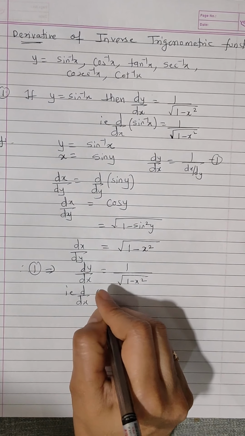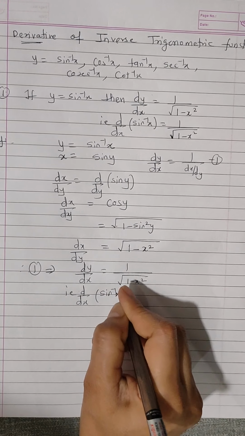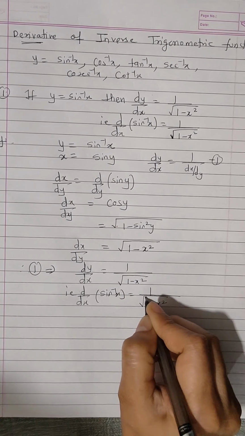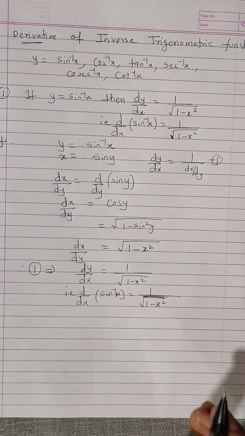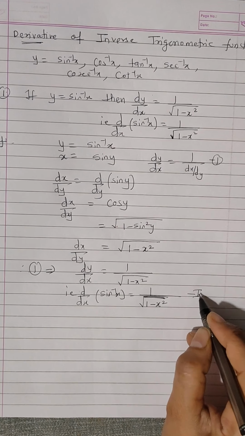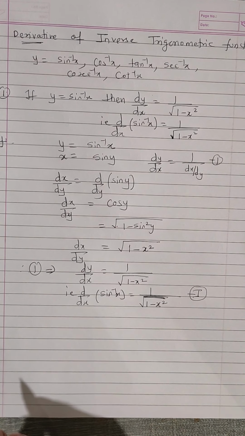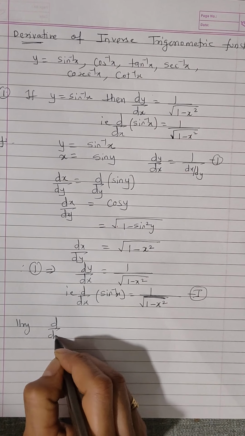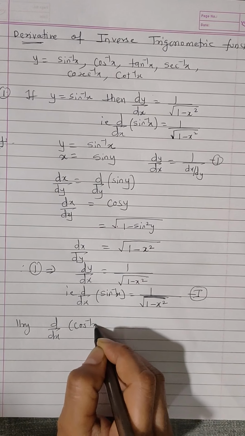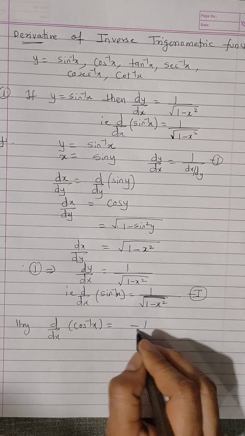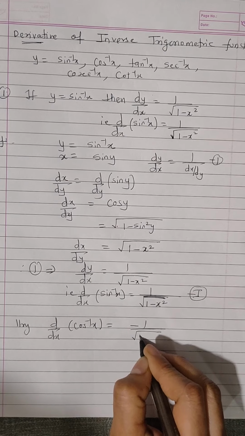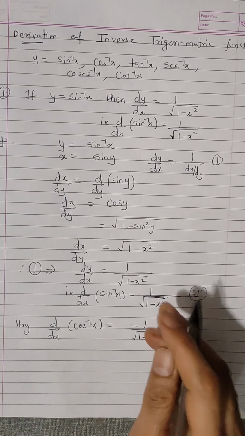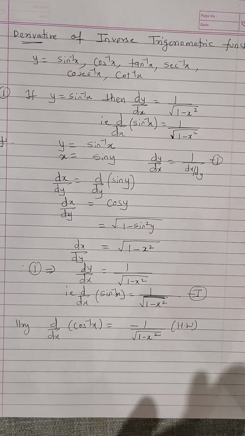It is sin inverse x, and that is equal to 1 upon under root 1 minus x square, and this is our first derivative of an inverse trigonometric function. Similarly, the derivative of cos inverse x is minus 1 upon under root 1 minus x square, and this is your homework. In the same manner you have to prove it.